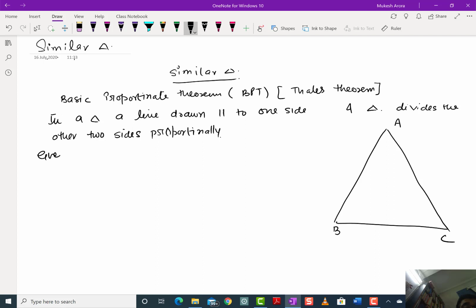Given is triangle ABC where DE is parallel to BC.